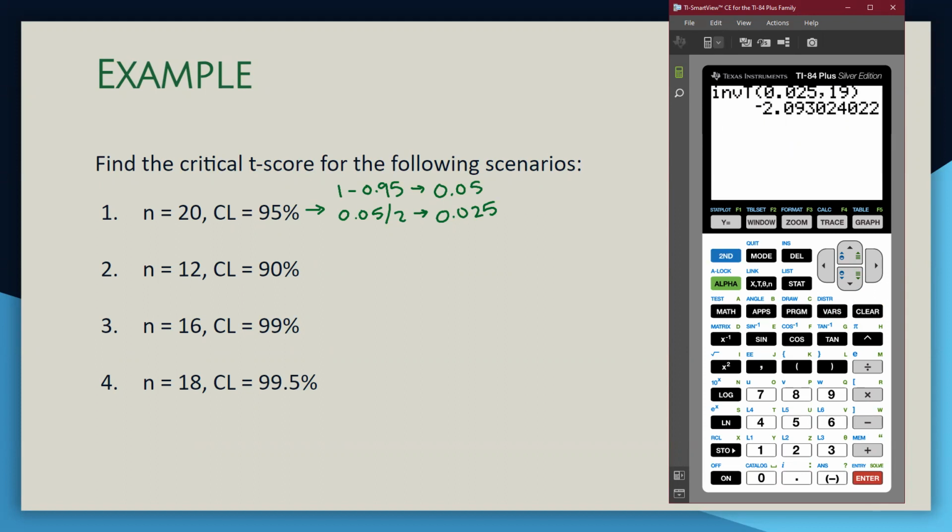And so we get negative 2.09. We drop the negative sign. And typically you're going to see t-scores written to 3 places instead of 2. So I would record this as my t alpha over 2 is 2.093.